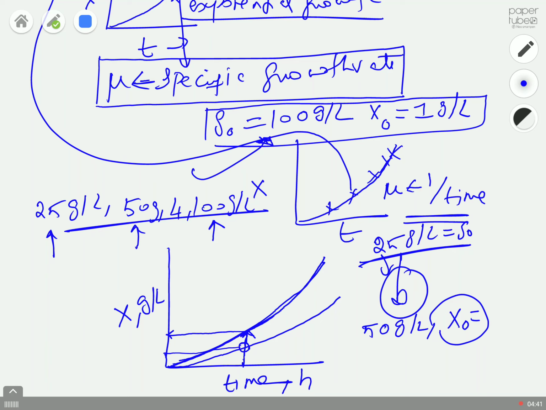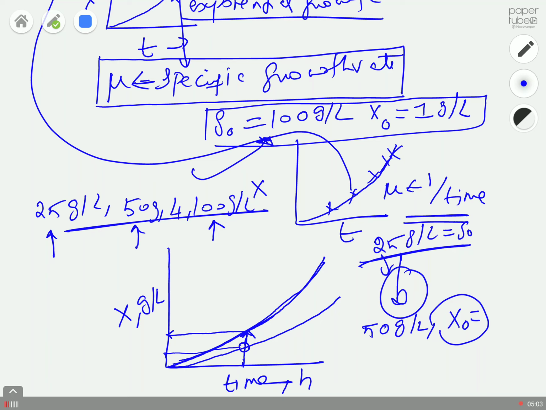If you start with a lower substrate concentration, the growth rate is lower. If you start with a higher substrate concentration, the growth rate is not much higher but slightly higher than if you perform the same experiment with a slightly lower initial substrate concentration. I hope I explained correctly.